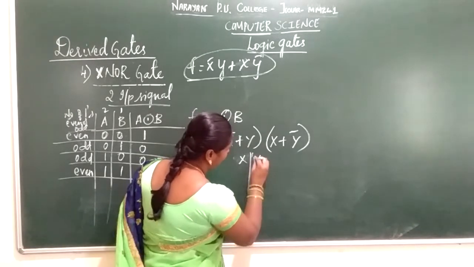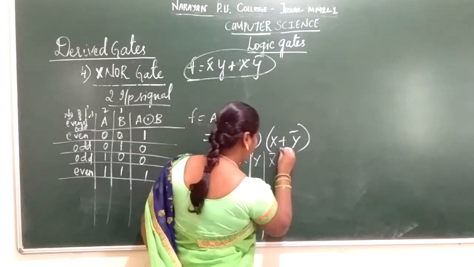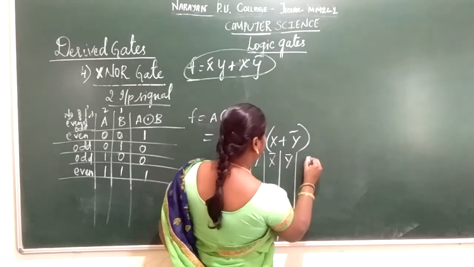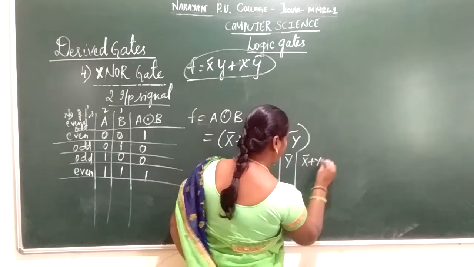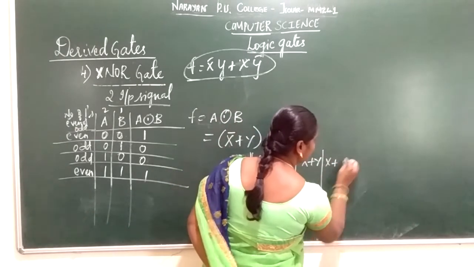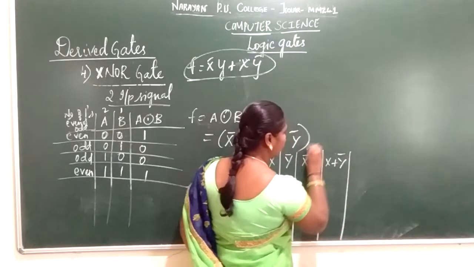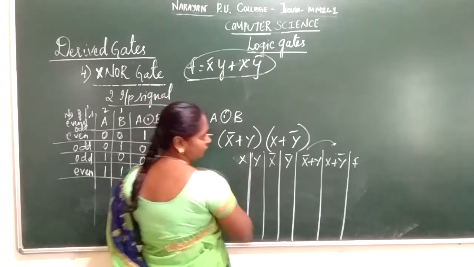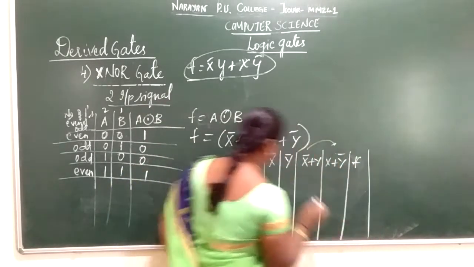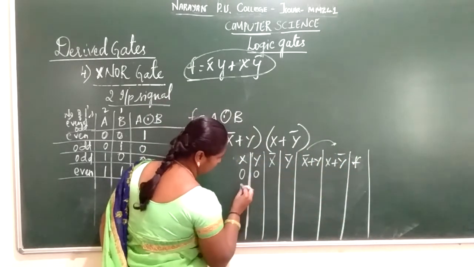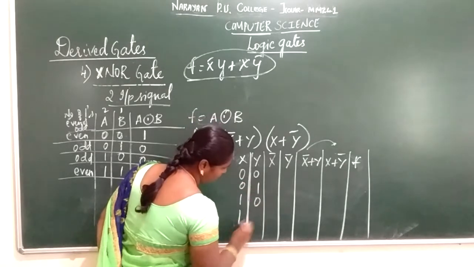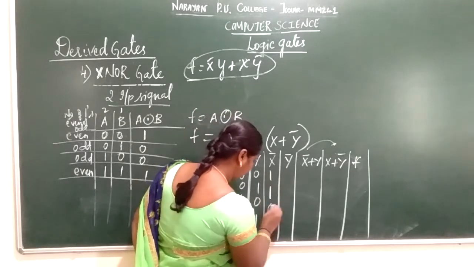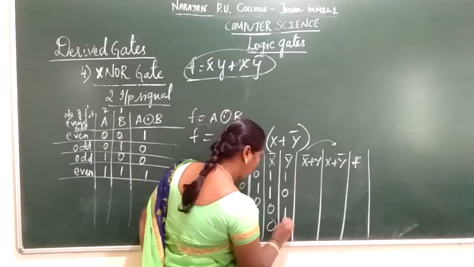Here you take x bar plus y, next x plus y bar, and then F, the combination of both. Write the combinations 0 0, 0 1, 1 0, 1 1. I take the complement of x, that is 1 1 0 0, and the complement of y, that is 1 0 1 0.